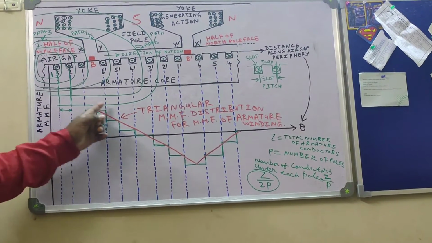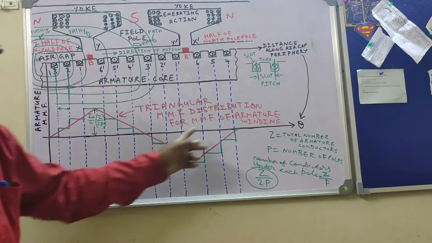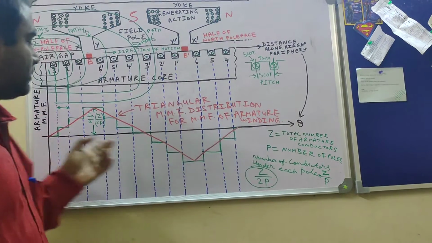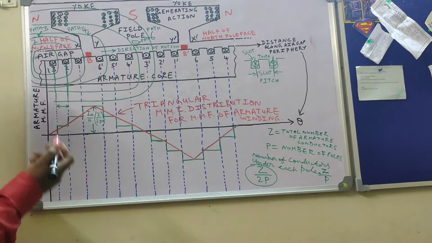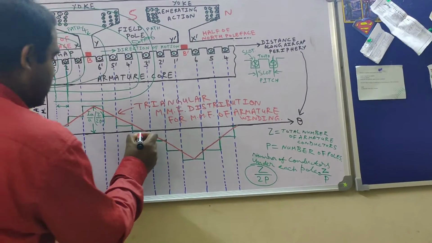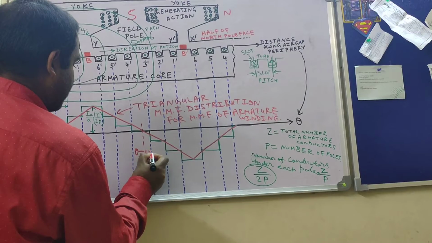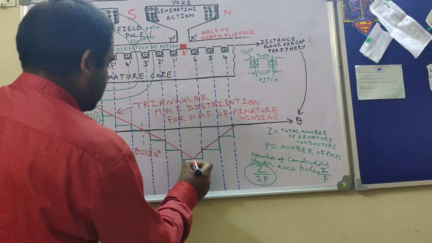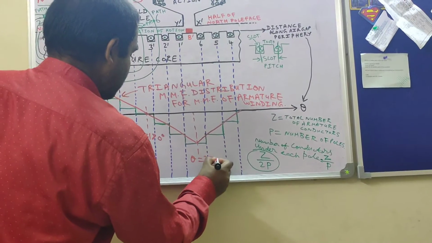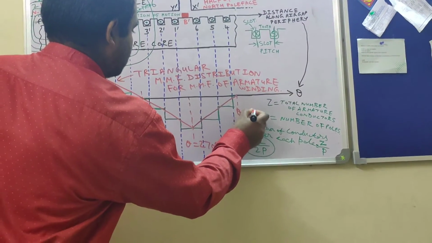You see the triangular nature of the MMF distribution of the armature winding. This is the theta angle, theta distance along the air gap periphery. This is theta equal to 0 degree. This is theta equal to 180 degree. This is theta equal to 270 degree, like that. This is theta equal to either 0 degree or 360 degree.